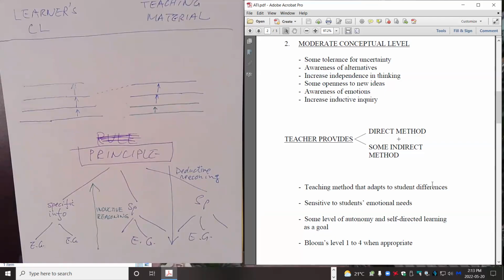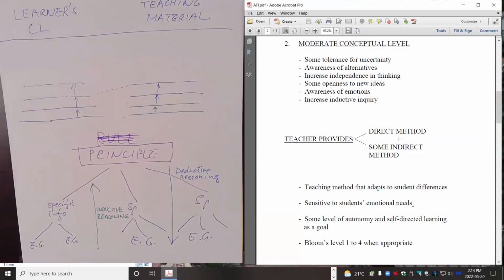Then you should be able to adapt to student differences, and you put all those low CL students at one table, all those moderate CL at another table, and of course you have many tables. Then you as a teacher can adapt to student differences.